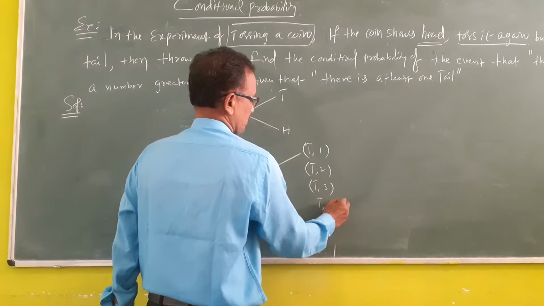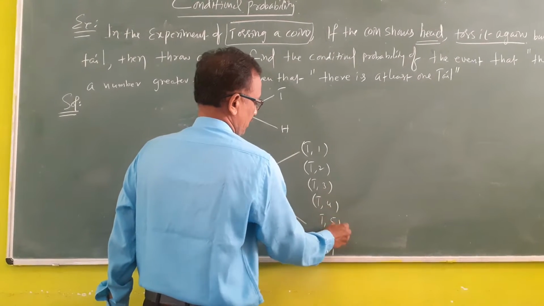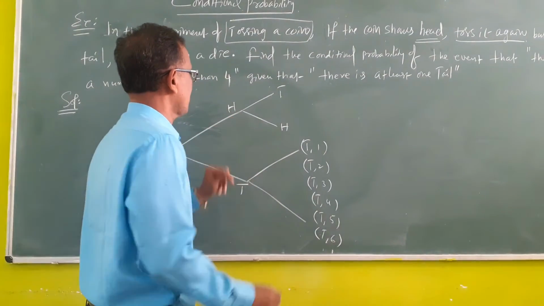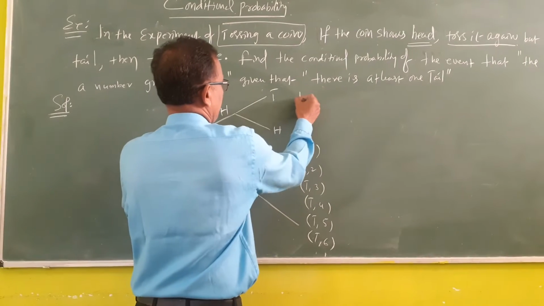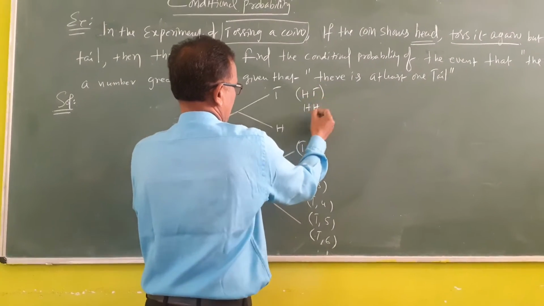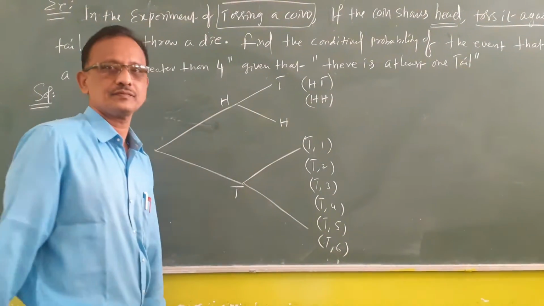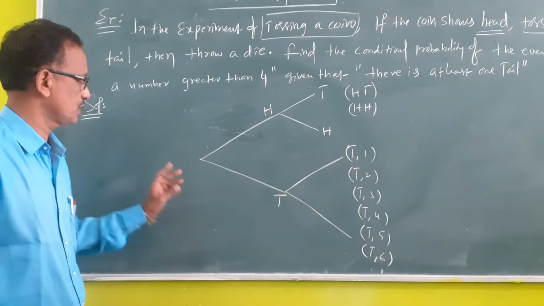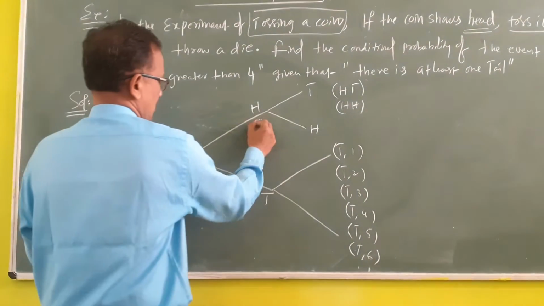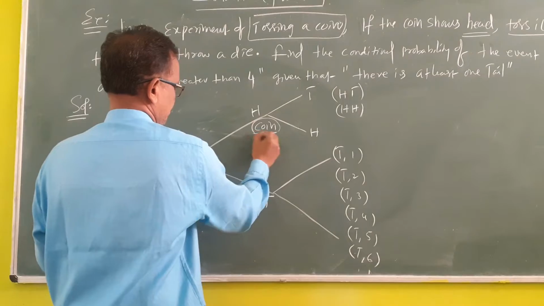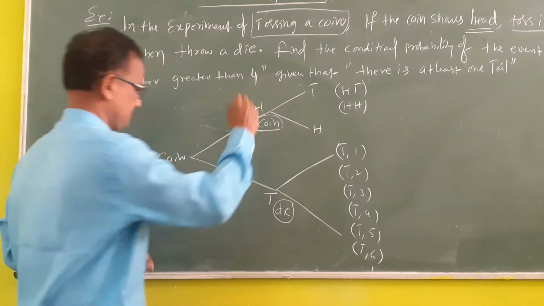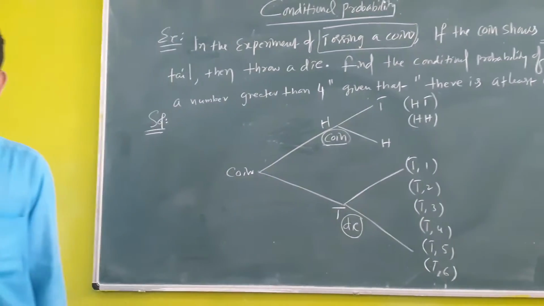So these are the outcomes, here HT, H. First a coin, here also a coin, and here a die. So this is the experiment.